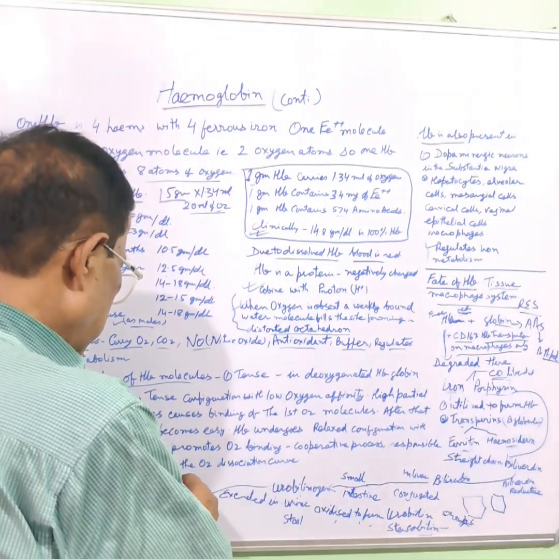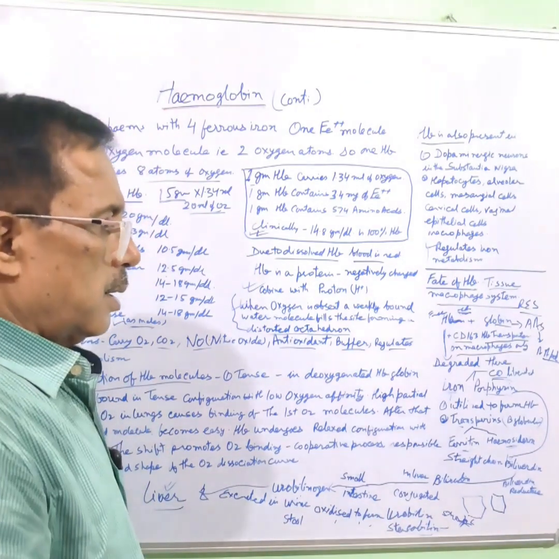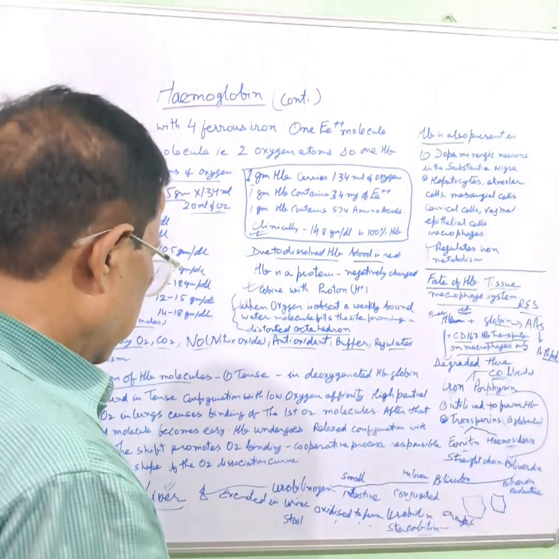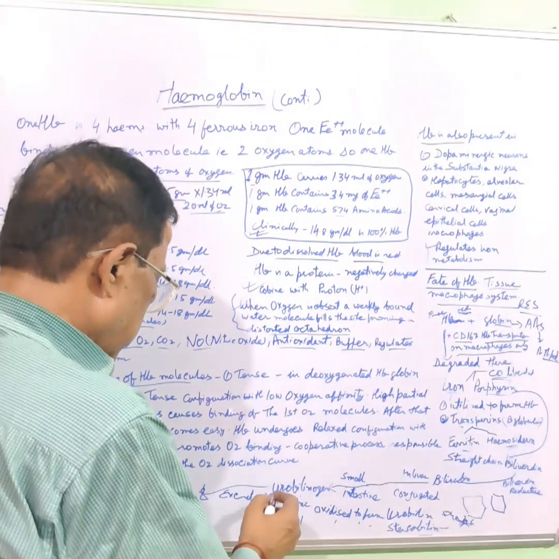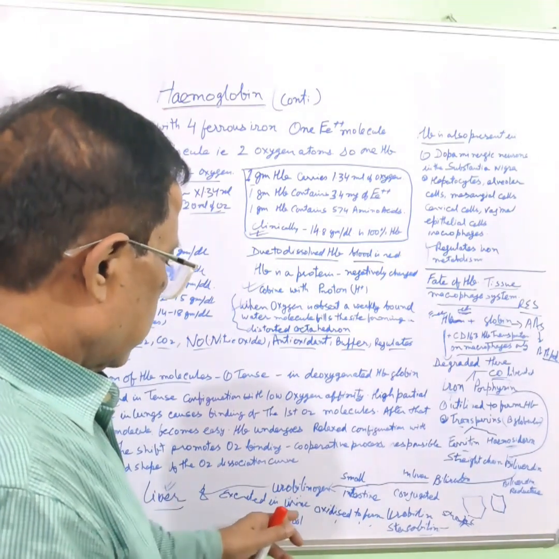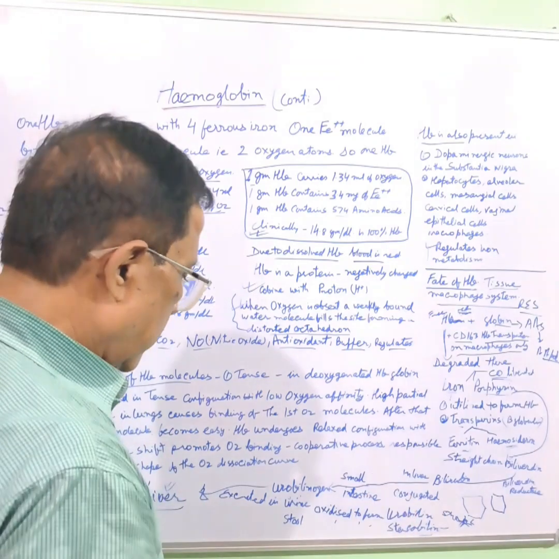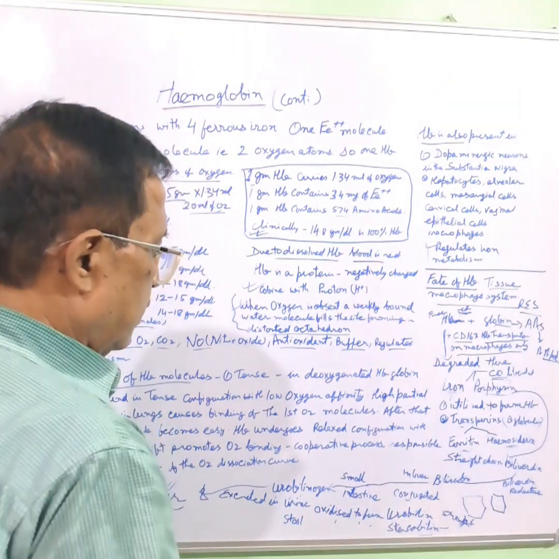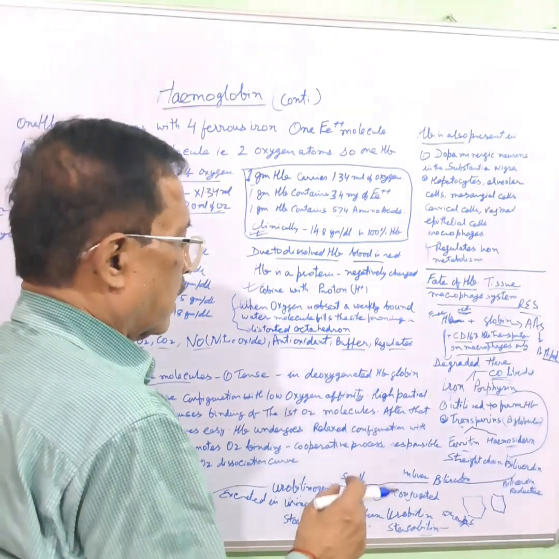Some urobilinogen enters the liver through the enterohepatic circulation, and some is absorbed and excreted in urine, where it is oxidized to form urobilin, and some in stool is oxidized to form stercobilin. Due to stercobilin, the color of stool is yellow.